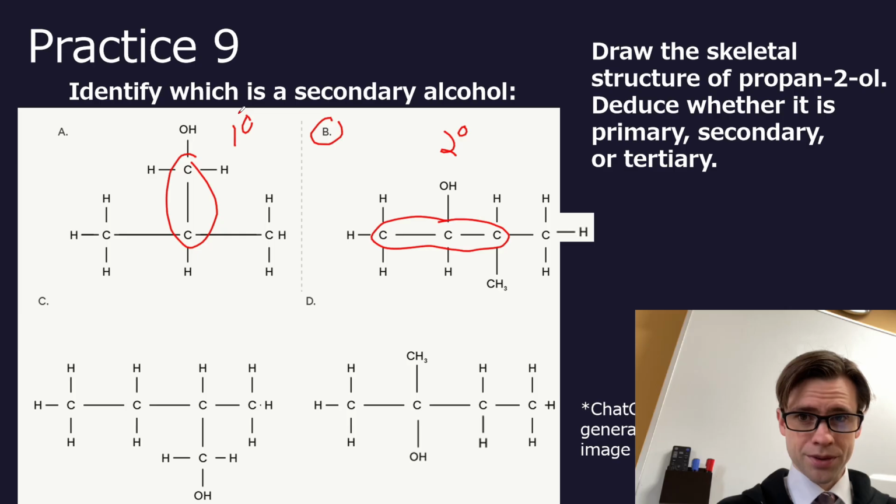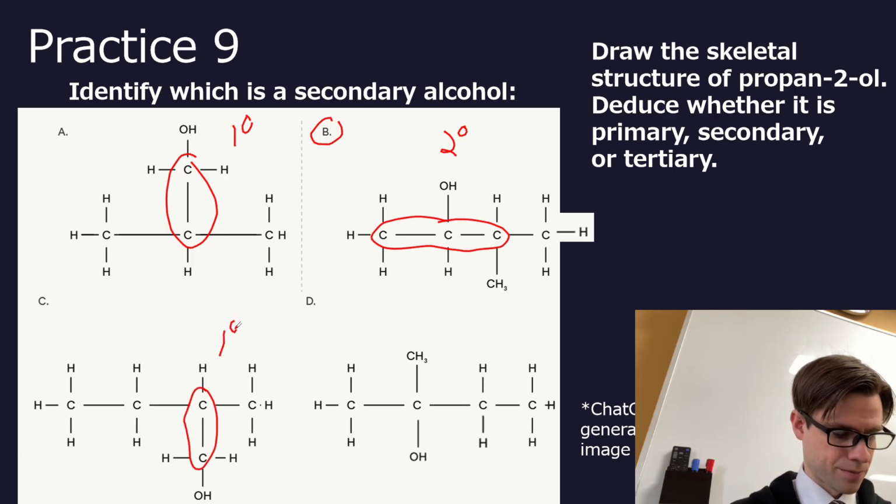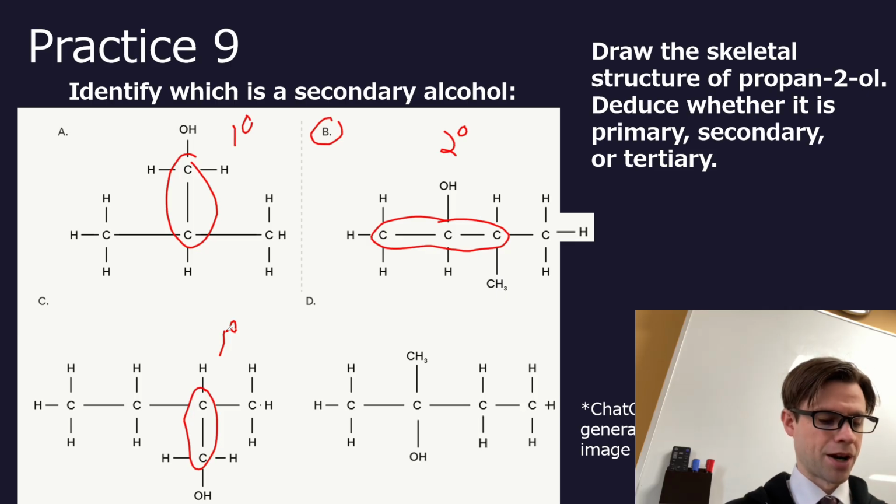But let's go through the other ones to see why they're not. So C, this OH group is attached to a carbon that is only attached to one other carbon. That is, again, primary. Again, you can draw primary, secondary, and tertiary with a number and then a little circle in the top right. So primary, secondary, primary. Check the answer D then.